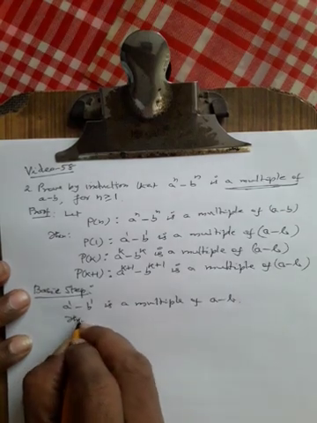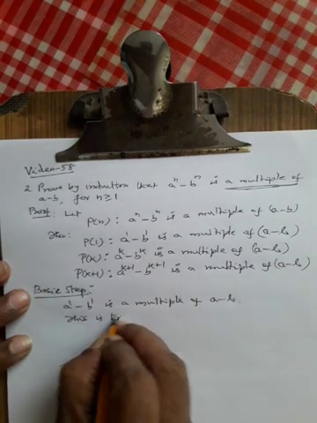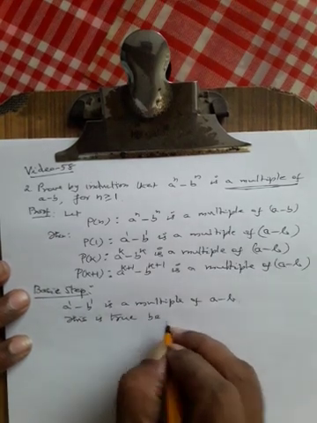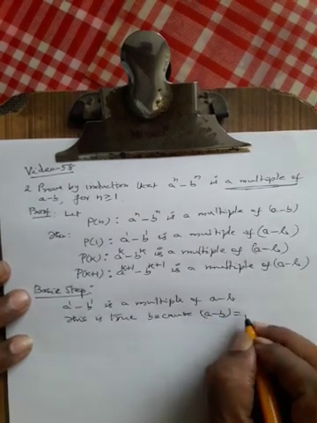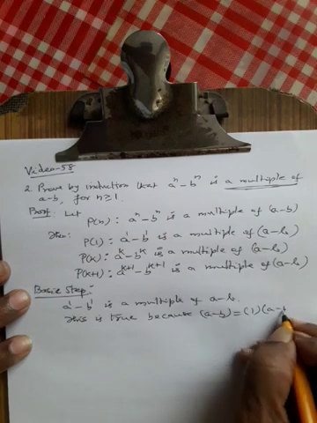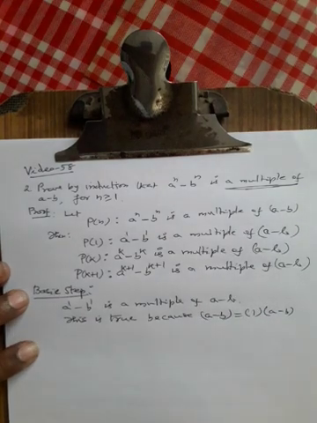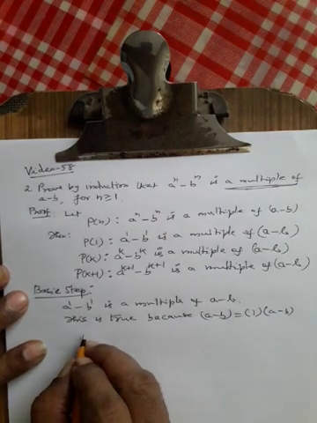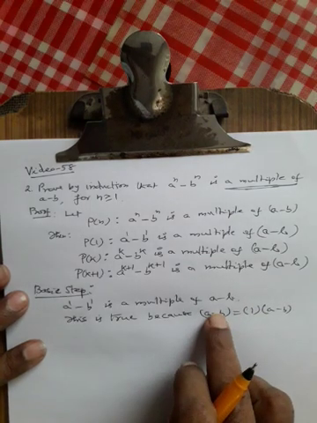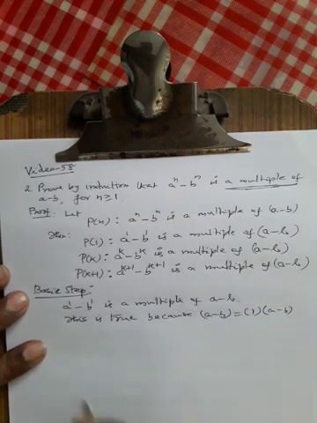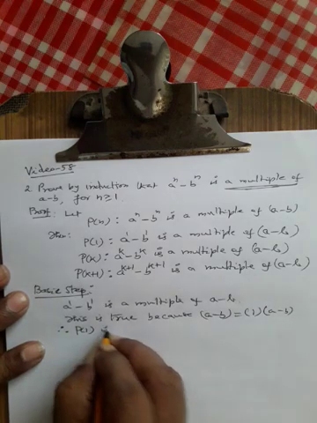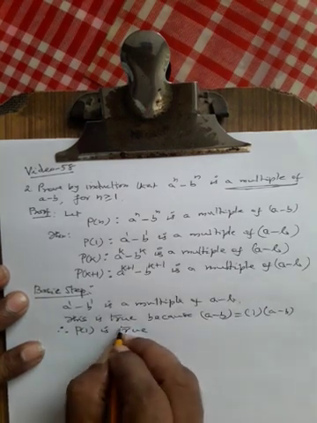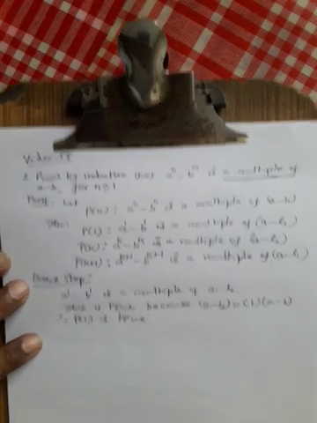This is true because a minus b equals 1 into a minus b. Therefore, a minus b is a multiple of a minus b. Therefore, P of 1 is true.